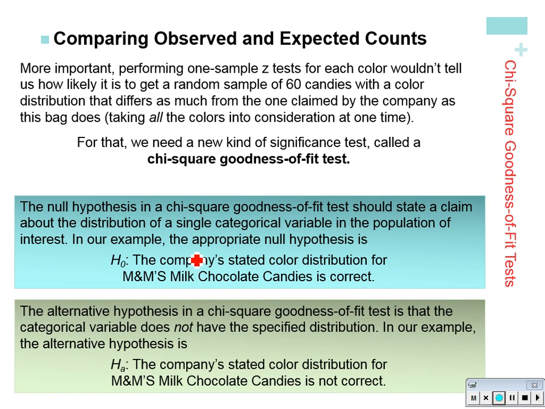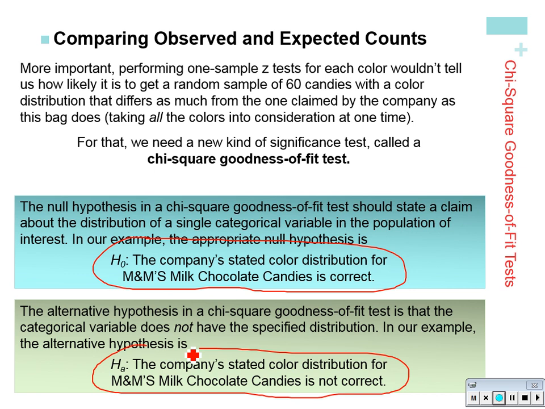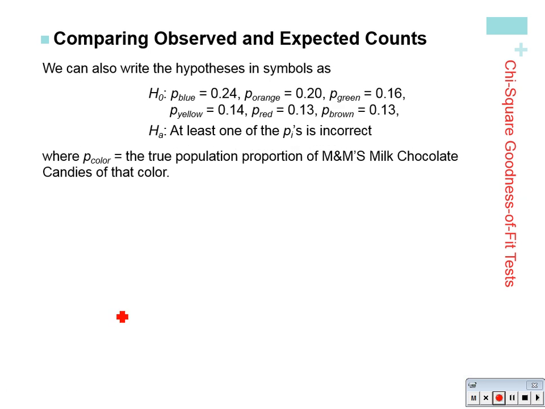The null hypothesis for a goodness of fit test for this, we would say, is that the company's stated color distribution for their candies is correct, whereas the alternative would be that their color distribution is not correct. So that's one way of stating the null and alternative hypothesis. Another way would be to actually list what all of the proportions are for each of the colors.